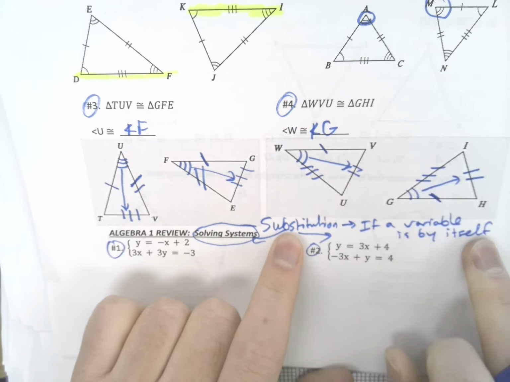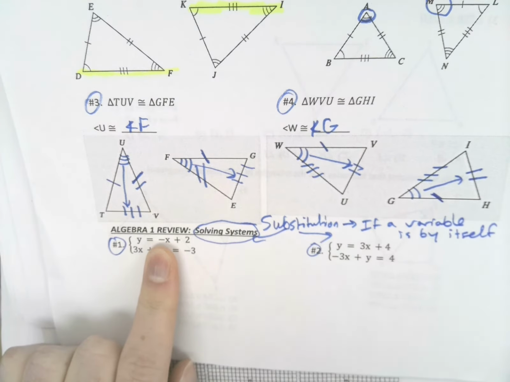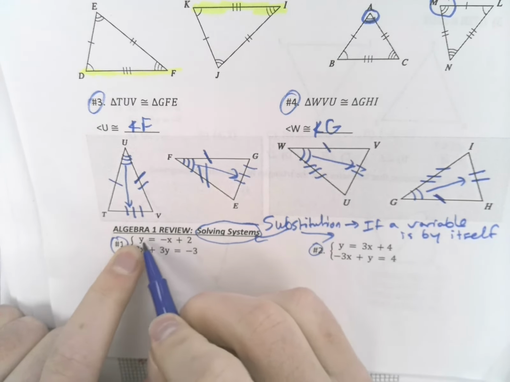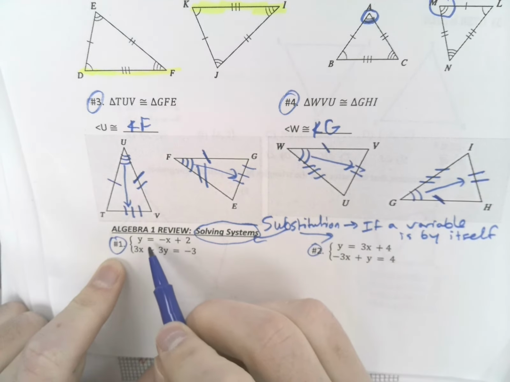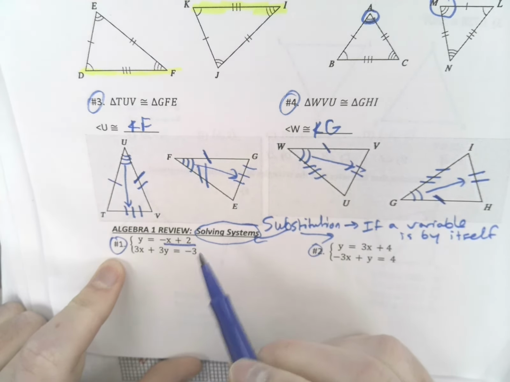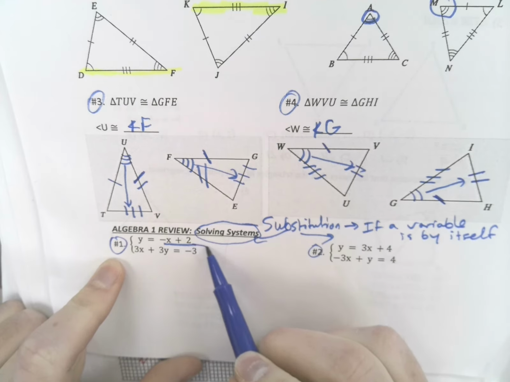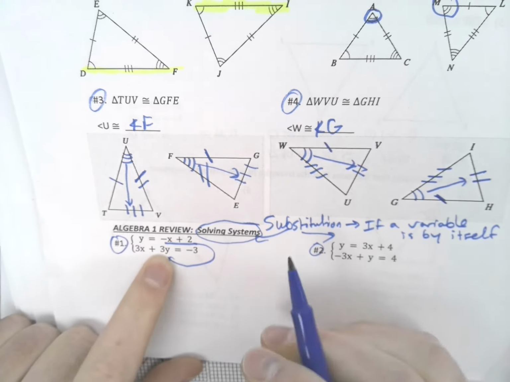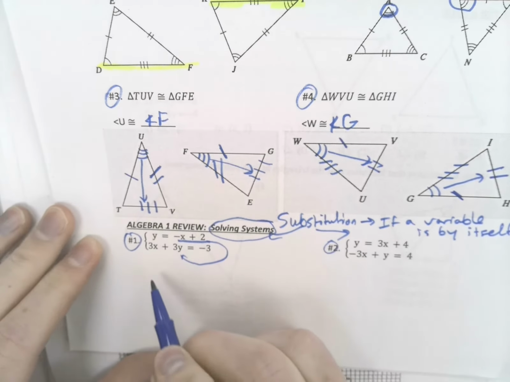If you have a variable by itself, you're using substitution. Well, check out number 1. Here's our variable y by itself. We know y equals negative x plus 2. Well, if y equals negative x plus 2, that must mean this other y, which is the same exact variable, would be negative x plus 2.